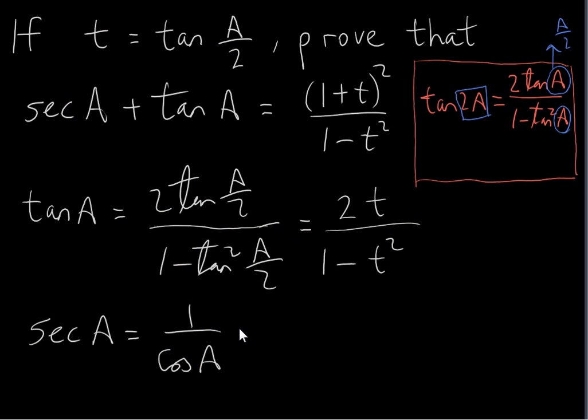And we can use another double angle identity for cos a. Well, actually you won't see it as cos a, you'll see it as cos 2a. So I'll make a note of that. Cos 2a is 1 minus tan squared a over 1 plus tan squared a.